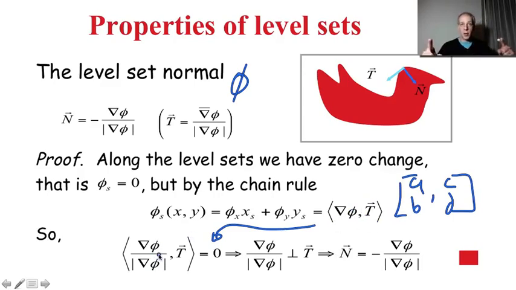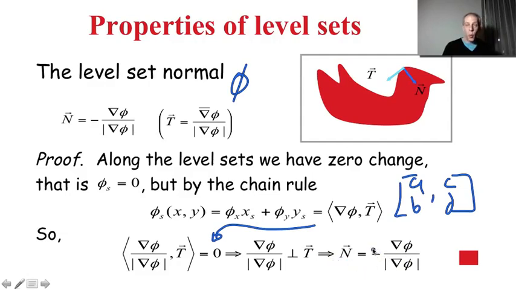So if I have a vector that is perpendicular to another, of course, any change in magnitude in the vector is still perpendicular. In particular, I want to basically normalize it to have unit norm. And then I get this equal to 0. So if this is perpendicular to the tangent, then this is the normal.